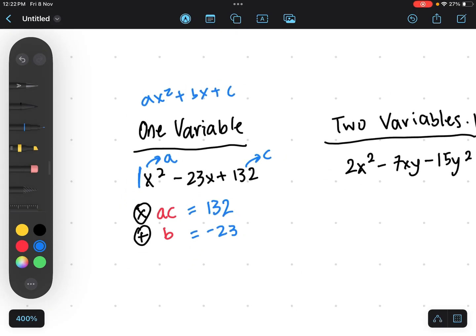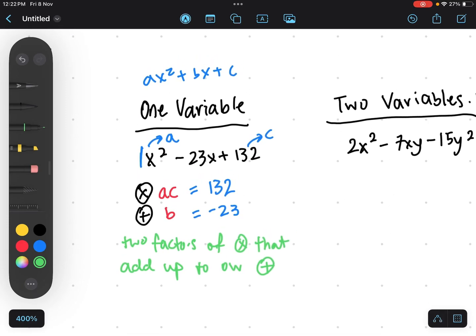So what we need to do now is to find two factors of our multiplication number that add up to our addition number. Even though this is positive, how can it add up to a negative? That means the two factors must be negative times negative, because negative times negative will give you a positive.